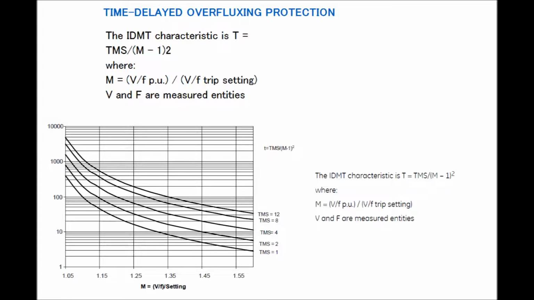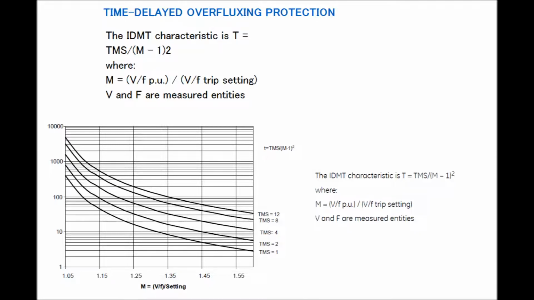The IDMT characteristics for the MiCOM relay is given by T, the trip time, is equal to TMS divided by (M minus 1) square, where M is equal to the ratio of V by F in measured quantity divided by the ratio of V by F in the setting quantity, where V and F are the measured quantities of the voltage and frequency of the system. Normally, the voltage by frequency ratio for trip setting is given by 1.05 to 1.1 per unit.